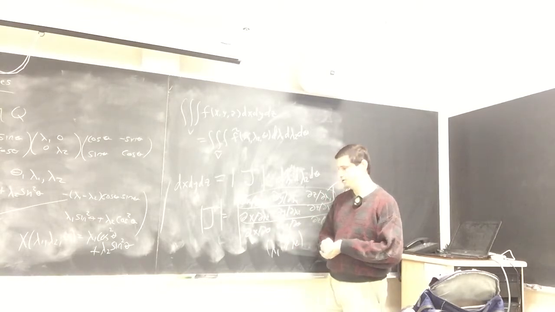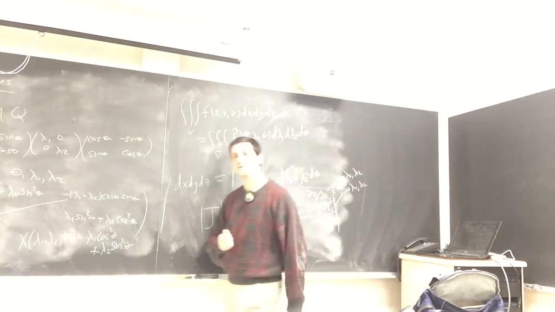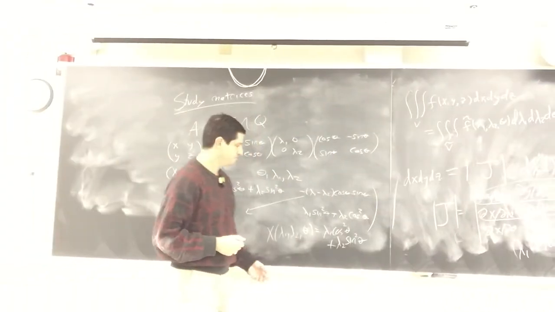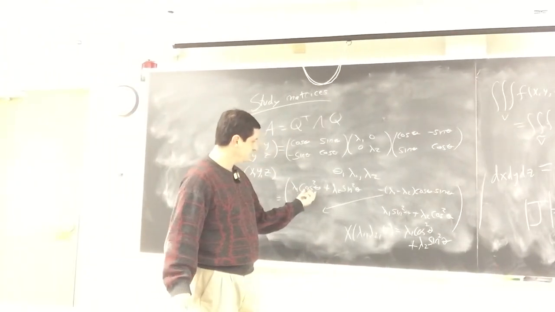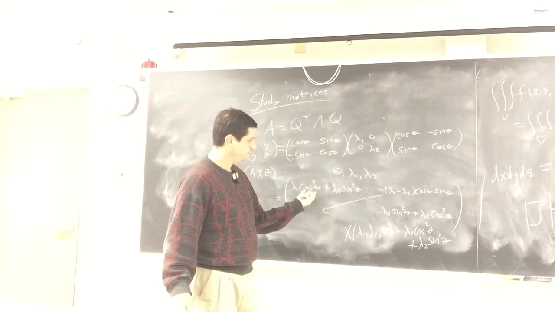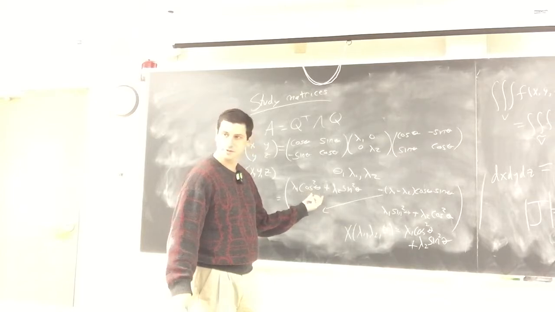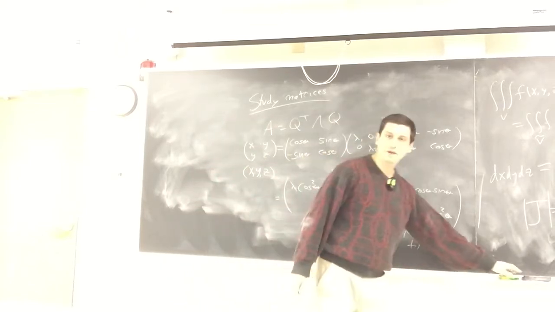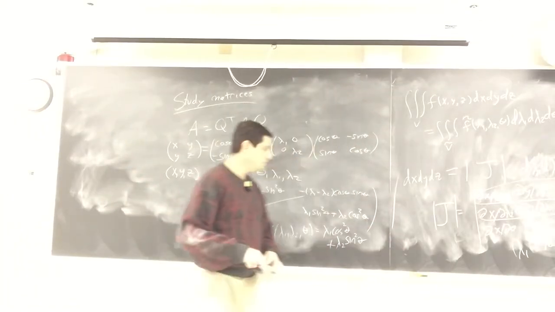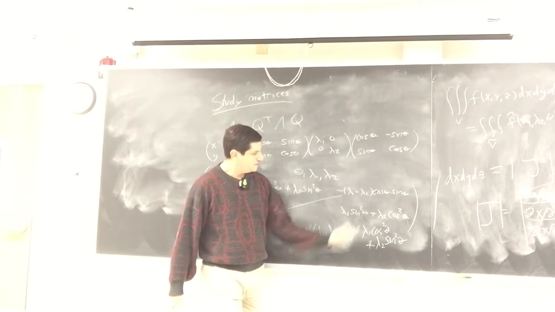What about the third row? Well, the third row, now we're taking derivatives with respect to theta. Now things are more interesting. So when I take the derivative of this with respect to theta, all three still remain, right? All three remain. So now we've got to do a little bit more work. This is the easiest one.